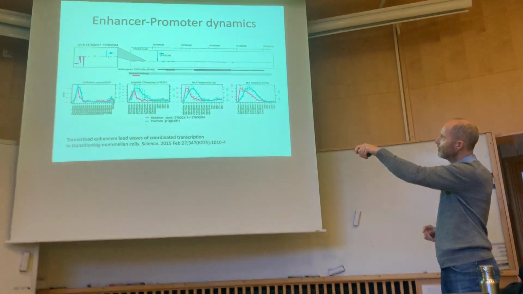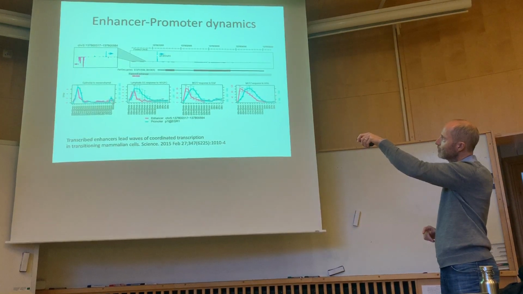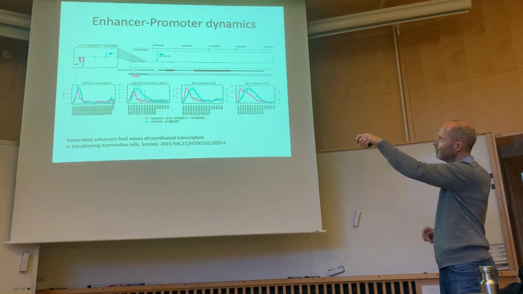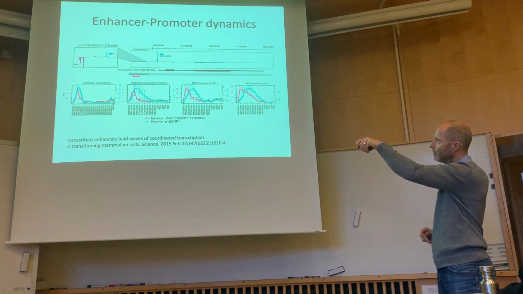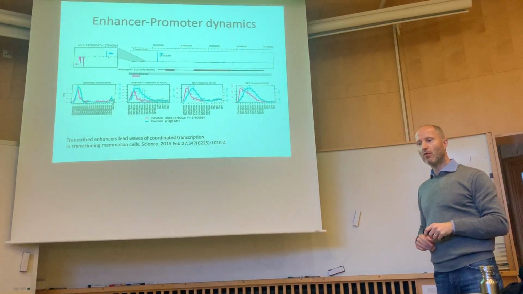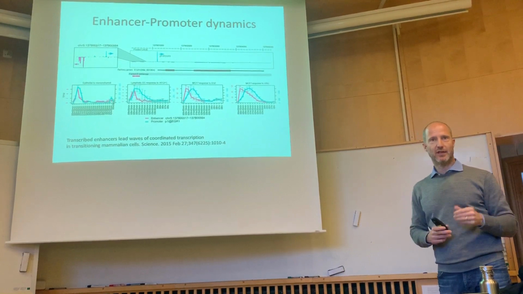And you can look at the expression of the gene here, but you can also look at the expression of this enhancer. And we say here that the expression of the enhancer is somehow a measure of the activity of the enhancer.